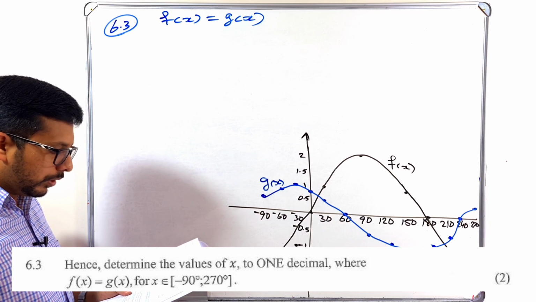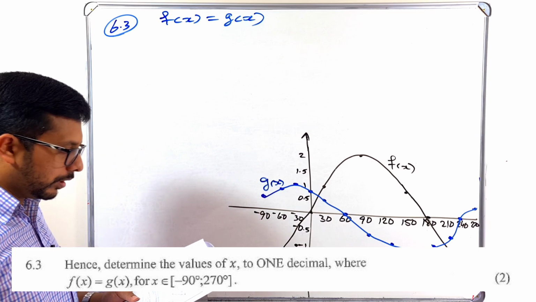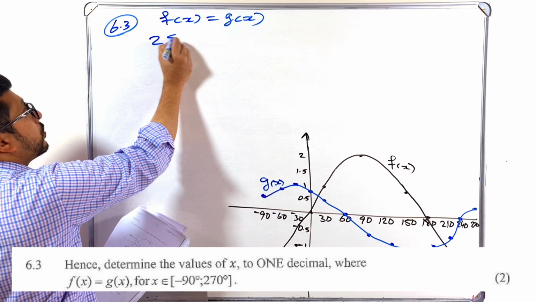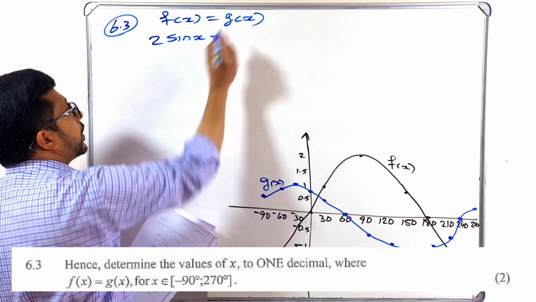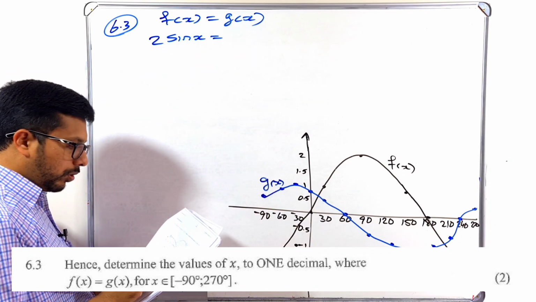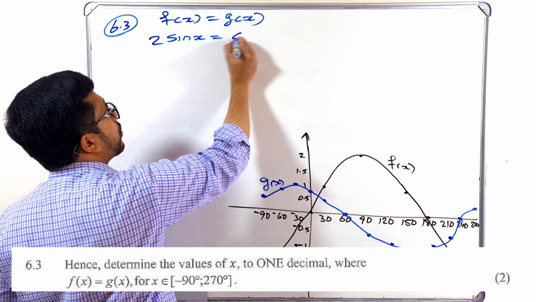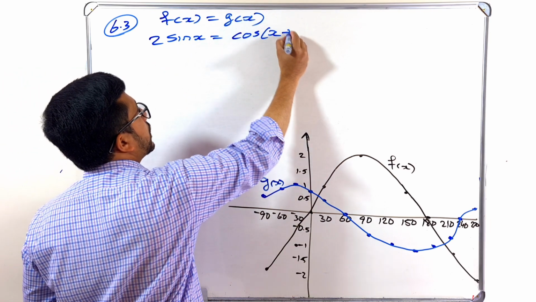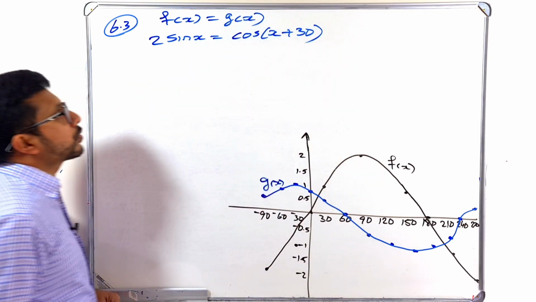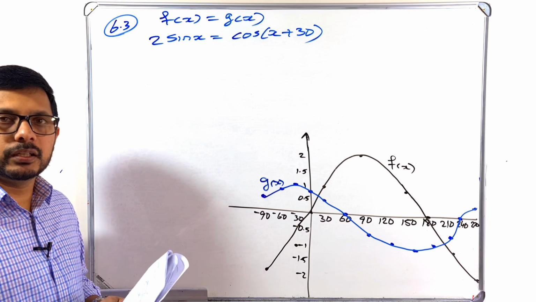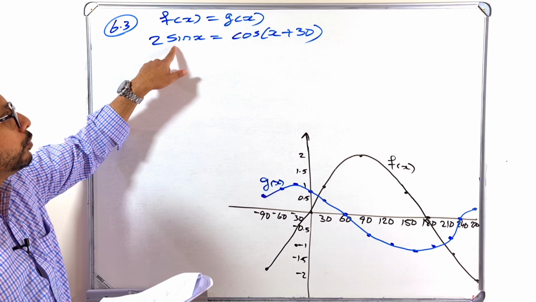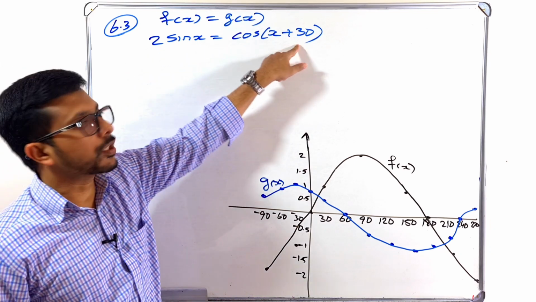So f of x, what is the f of x equation? 2 sin x is equal to, what is the equation of g of x? Cos of x plus 30. So look at the previous question. We already proved that 2 sin x is equal to cos of x plus 30.